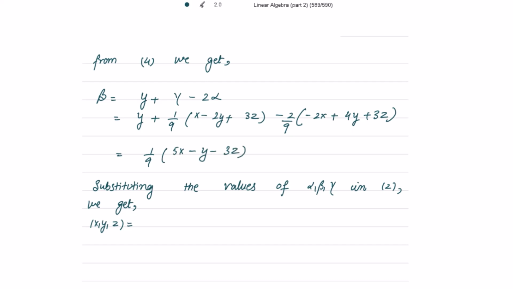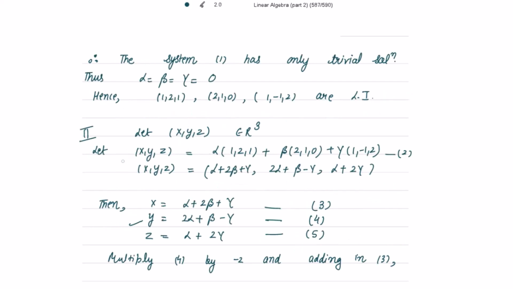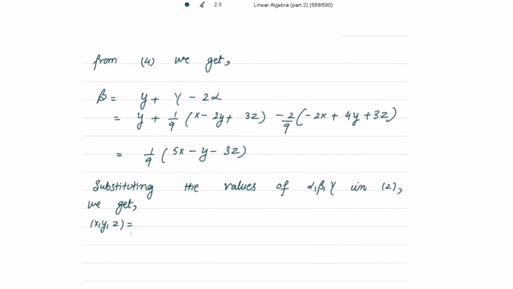Now substituting the values of alpha, beta, gamma, we get xyz to be equal to 1 over 9. I'm substituting the value of alpha first, minus 2x plus 4y plus 3z, with 1, 2, 1. And then 1 by 9, 5x minus y minus 3z for 2, 1, 0.